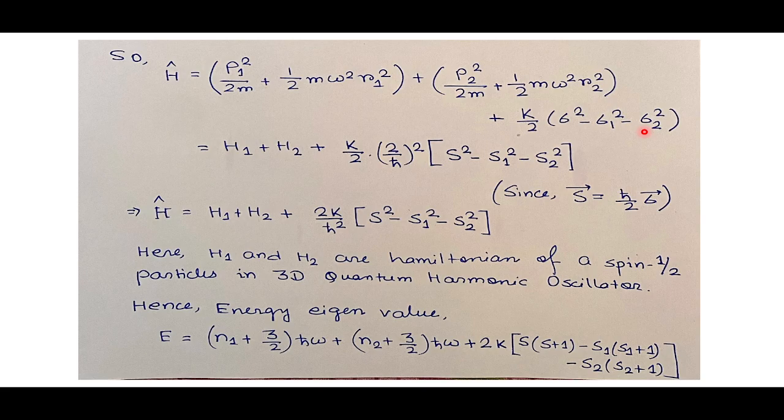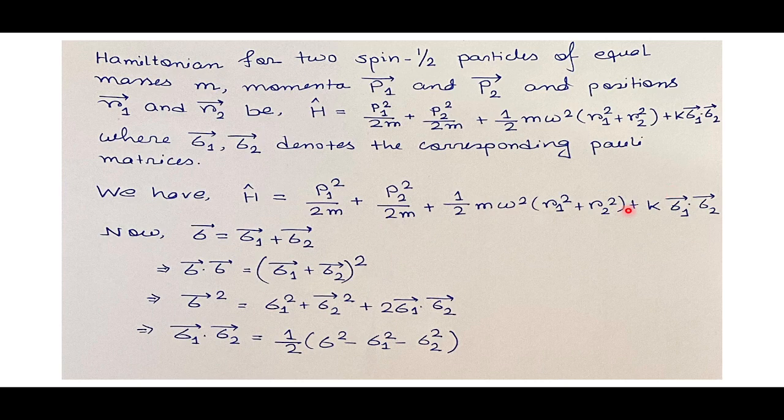I put the sigma value into s in that equation itself, like 0 equal to s1 square plus s2 square, so you will get S1 dot S2 equals minus something, half.